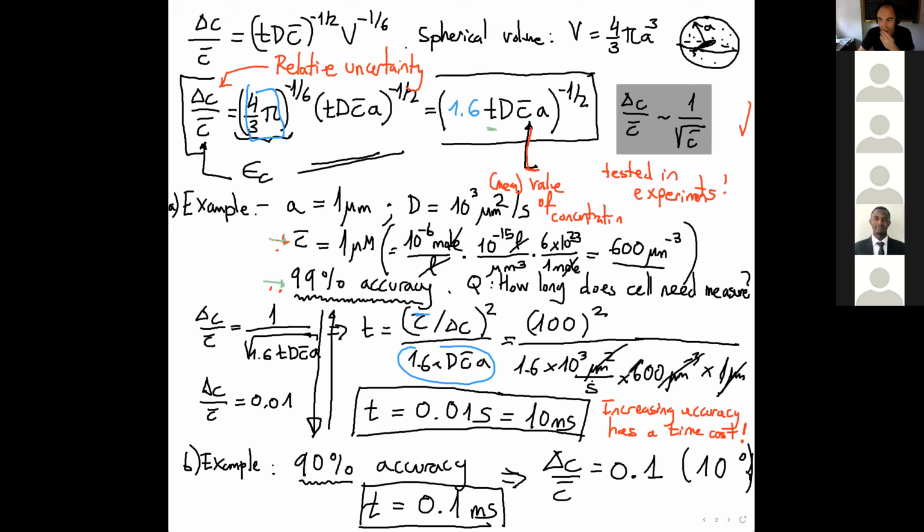Yes, please. If we increase the time, in some experiments, at some point we remain at the same place. It's like the same accuracy, and increasing the time will not increase the accuracy. It's not the case here. No, okay, I don't understand your example.